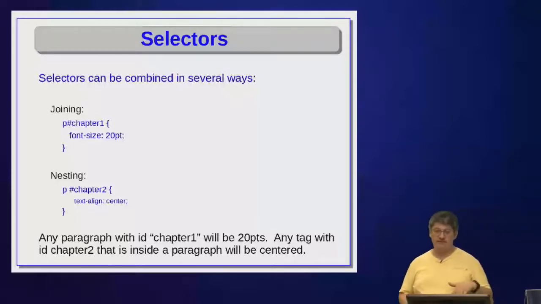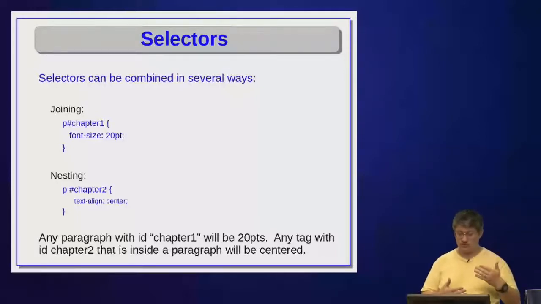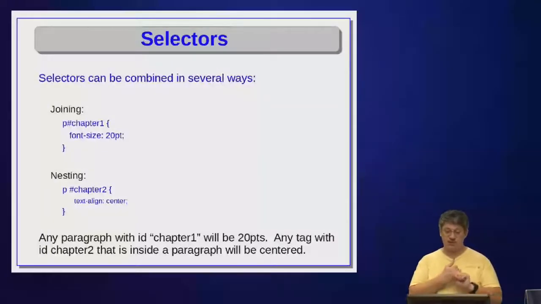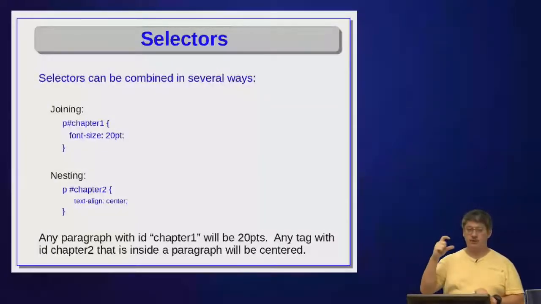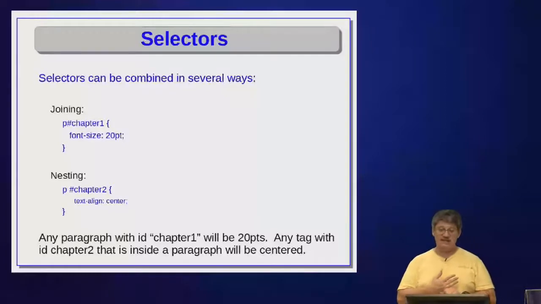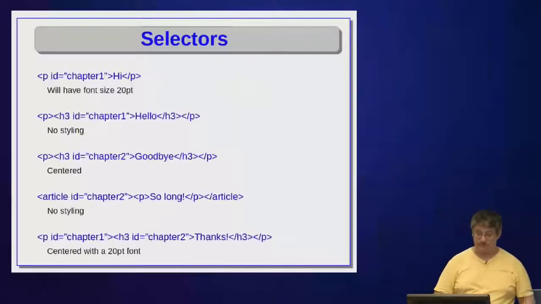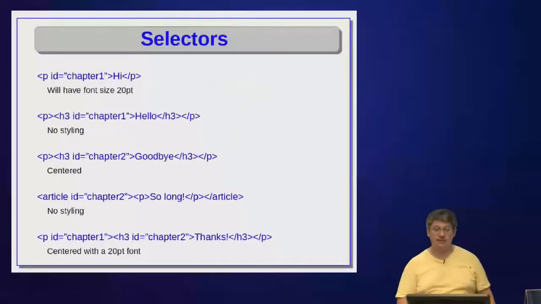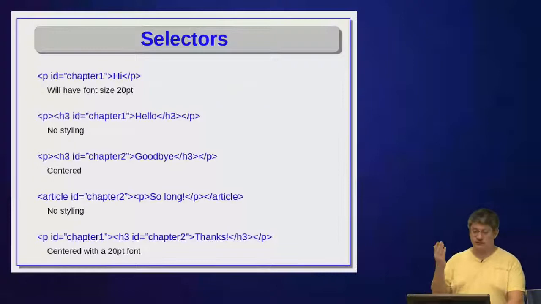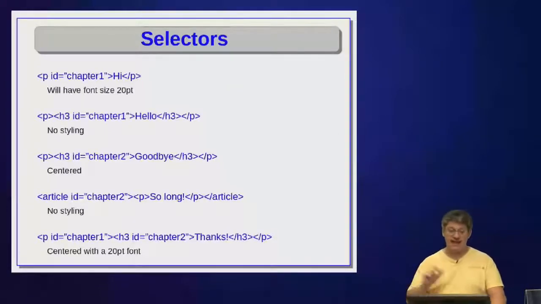So if I were to have this style sheet with these two rules, any paragraph with ID chapter 1 will be put in a 20-point font. Any tag with ID chapter 2 that's inside a paragraph is going to be aligned to the center. So for example, here I have a paragraph with ID chapter 1 and the words hi.